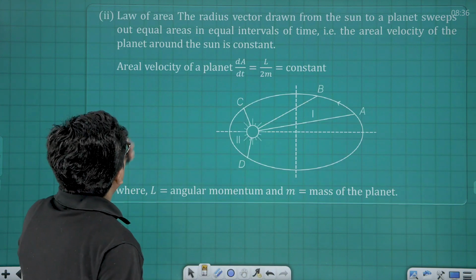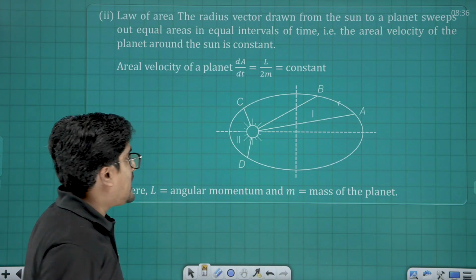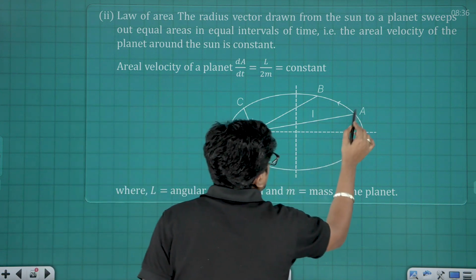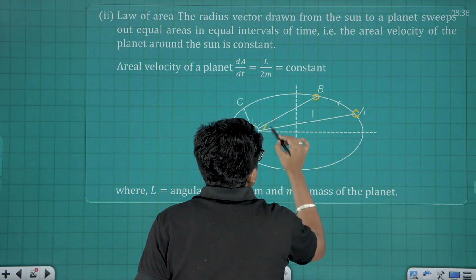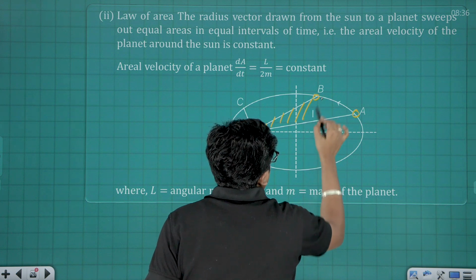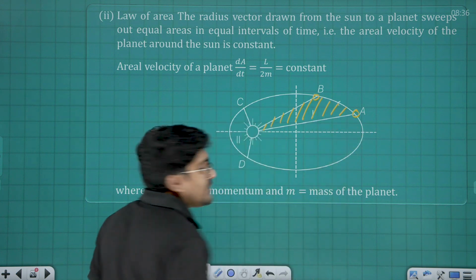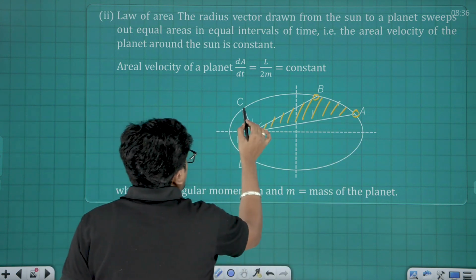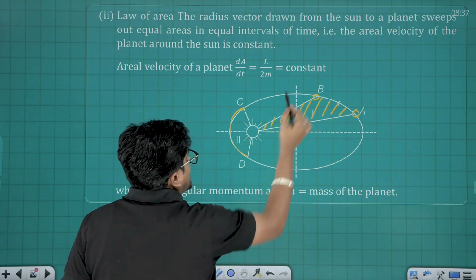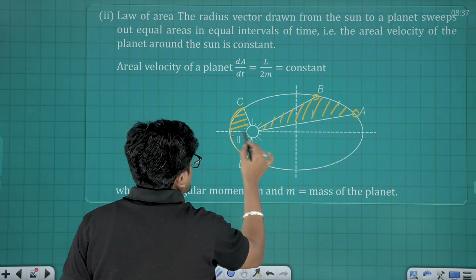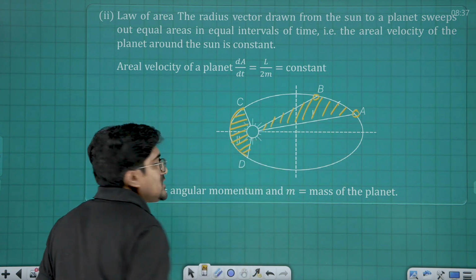All right, next, the second law says that if the planet moves from here to here, this is the area swept by the position vector, and if I take the same time interval, this is the area swept by the position vector.